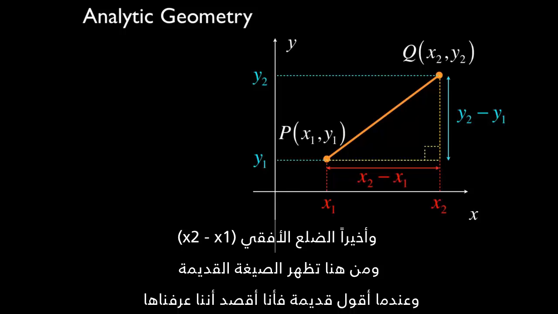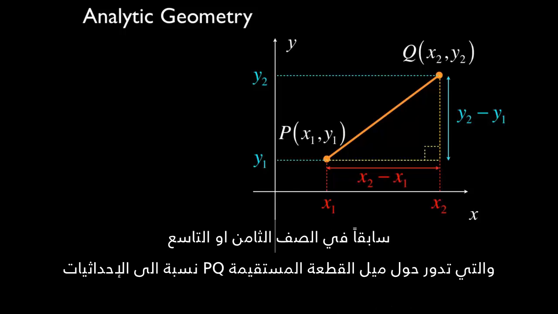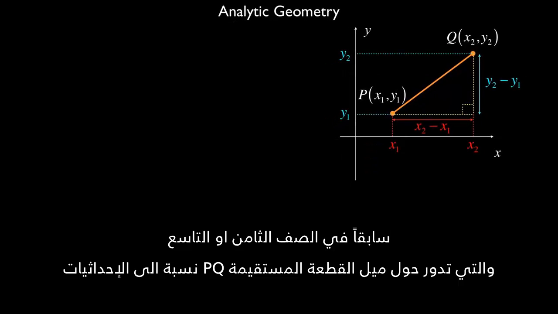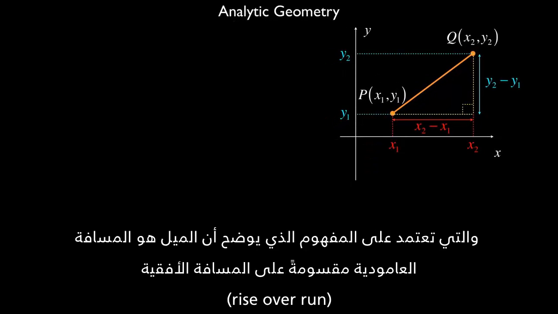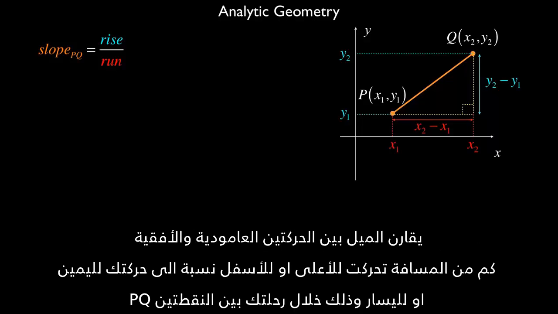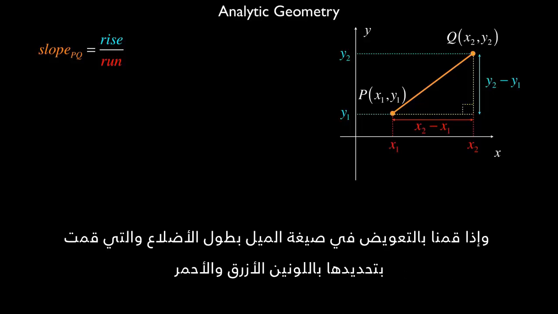Very quickly we get our old formula, which we developed back in grade 8 or grade 9, that related the slope or the gradient, the steepness of the line segment PQ, to the coordinates. We base it on the concept that slope is rise over run, comparing how much you travel up and down versus how much you travel horizontally as you move from point P to point Q. And so we say slope PQ is rise divided by run.